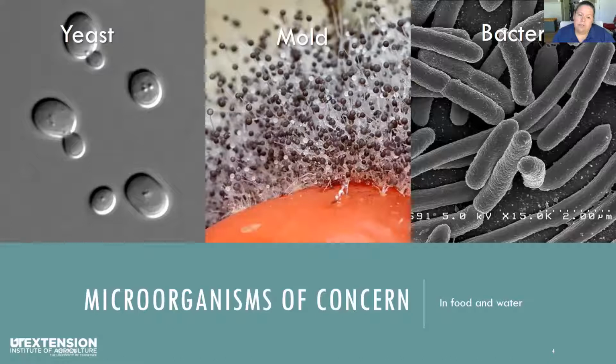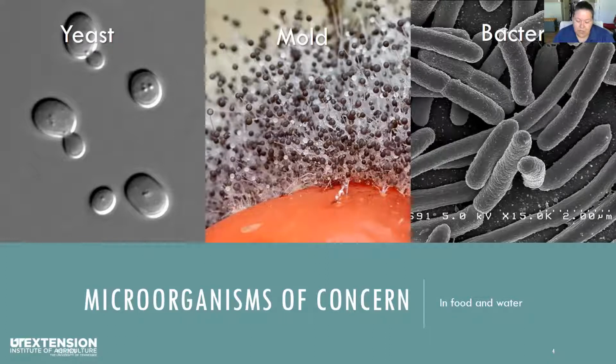Some microorganisms that are a concern within home canning are yeast, mold, and bacteria. Some common sources of these microorganisms are, of course, the soil and water. Food needs soil and water in order to grow, so it's going to be a naturally occurring thing. Yeast can actually grow at a wide range of pH and at refrigeration temperatures, but they do have several benefits.